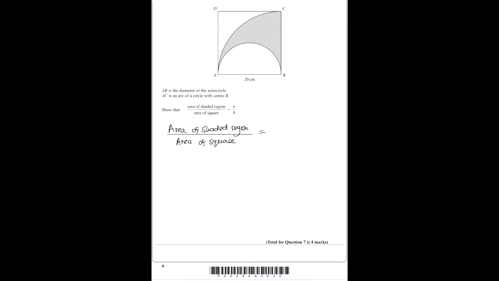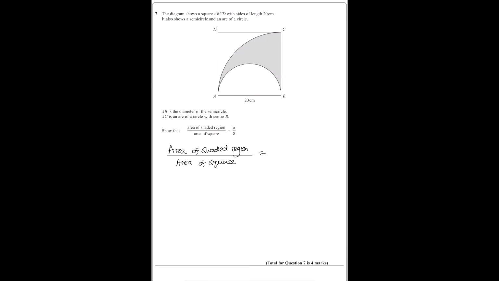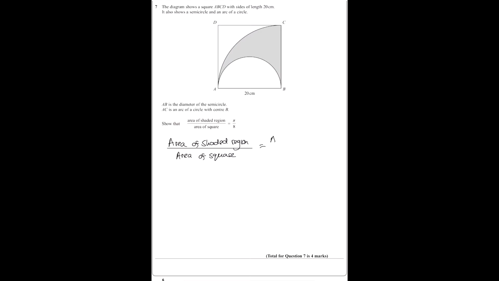Now we can write that as well. The area of the shaded region would be the same as the area of this arc here, subtract away the area of this semicircle. So we can write that. So area of arc minus area of semicircle.